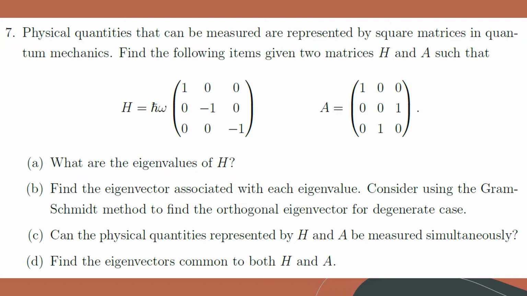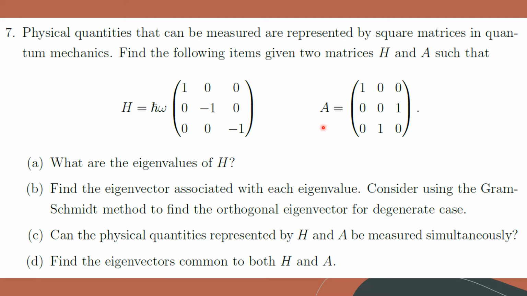So in this case, you have two square matrices, H and A. And I just want to mention, normally we reserve the capital H as the operator to represent the total energy of the system. So you can view this H as the matrix representing the total energy of a system. And then you have another operator here, denoted by the matrix A.